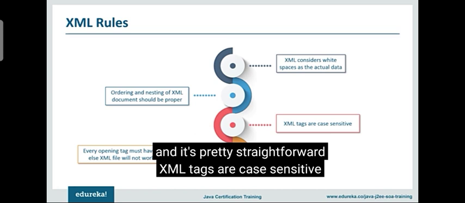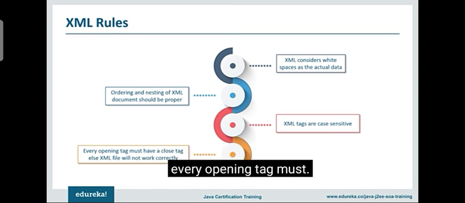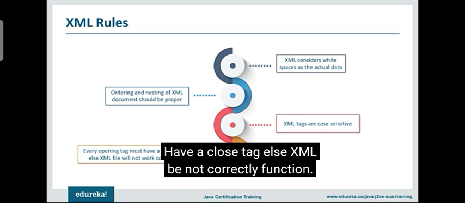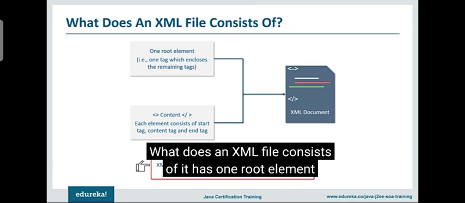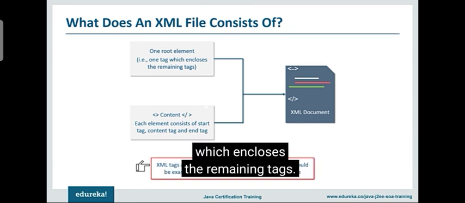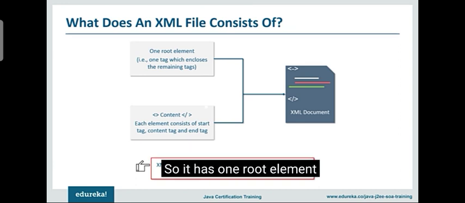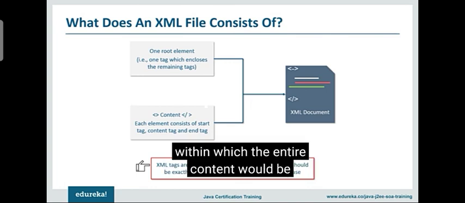XML tags are case sensitive. Every opening tag must have a close tag, else XML will not function correctly. What does an XML file consist of? It has one root element, that is, one tag which encloses the remaining tags, within which the entire content would be.